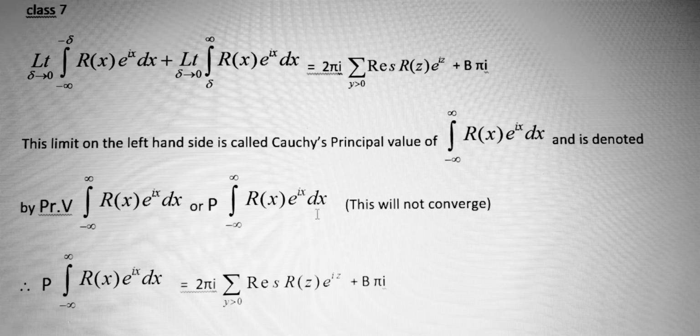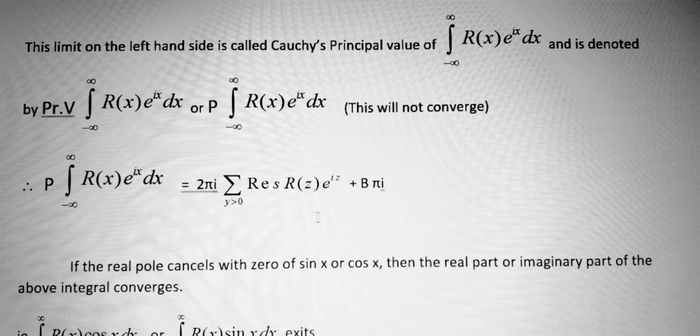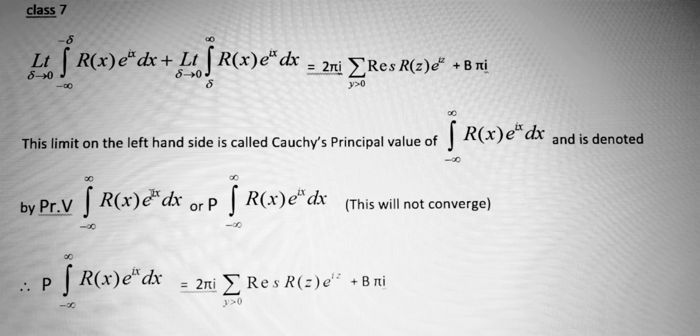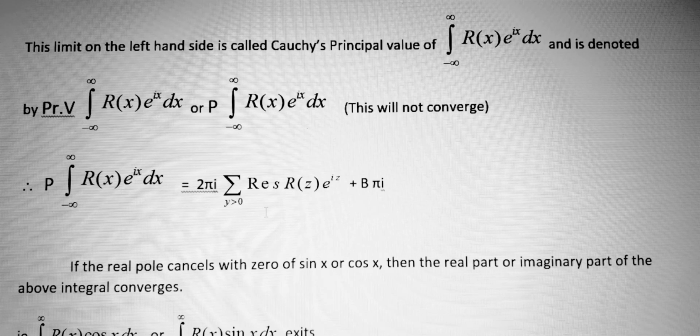And this integral will not converge. Therefore, we can write this as the principal value of the integral from minus infinity to infinity of r(x) e^(ix) dx equal to 2 pi i times the sum over y greater than 0 of the residues of r(z) e^(iz), plus b pi i. We can write it like this.